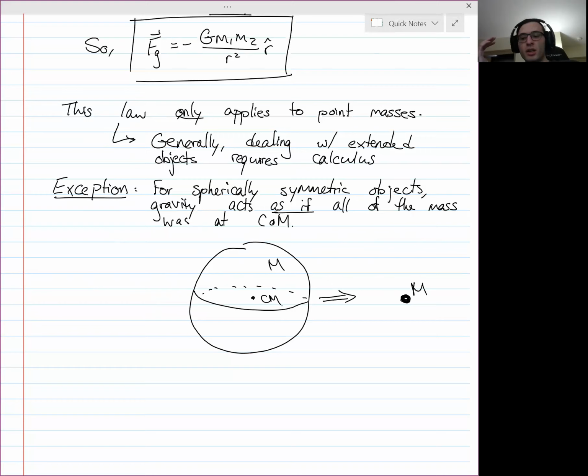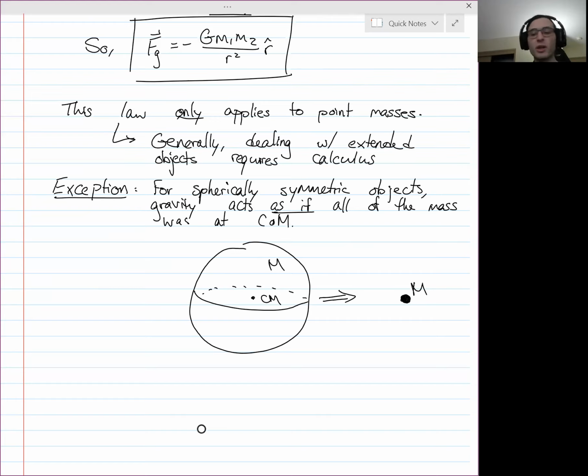And again, that's a result of calculus that's not so hard to prove, but it's beyond what you guys have yet. You'll learn it in, I think, 21C, or maybe 21D, or whichever one is multivariable calculus. You'll learn about doing that there. But it's a nice, convenient fact, because a lot of the things we care about, like the Earth, like the sun, like the moon, are very nearly spherically symmetric.